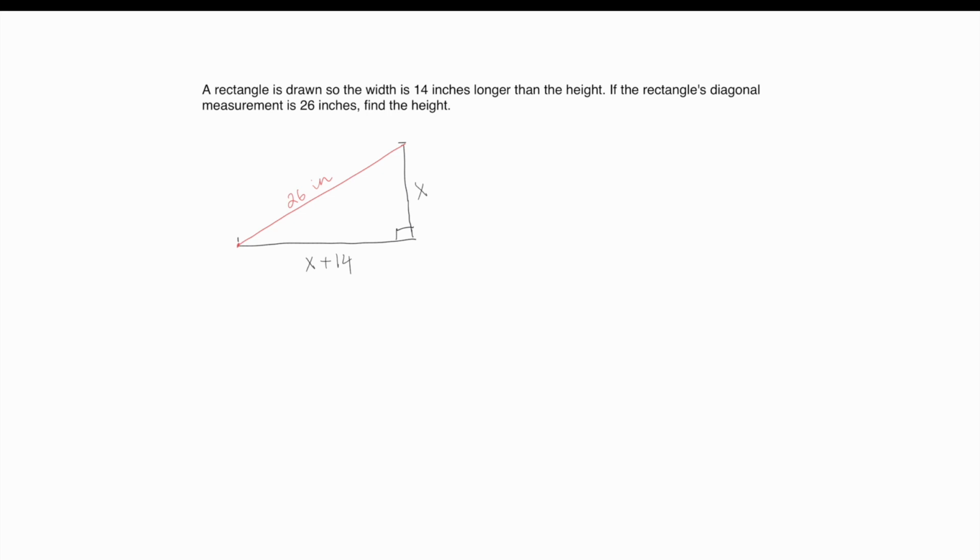With any right triangle, there is the Pythagorean theorem that we can apply. The Pythagorean theorem tells you that if you take any leg of the right triangle and square it, and then take the second leg and square that also, it should always equal the hypotenuse squared.